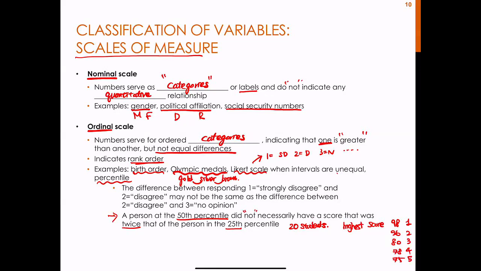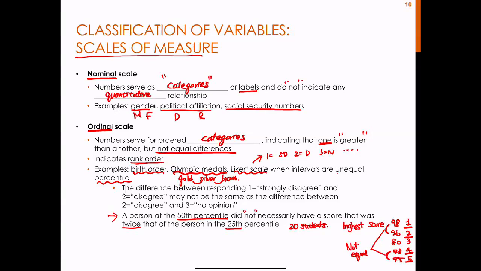As you can see, the difference between first and second, and the difference between first and fifth are not equal, right? So the interval is not equal, but definitely first is better than second, and fourth is better than fifth. So this is the ordinal scale. They have ordering, but not equal interval.